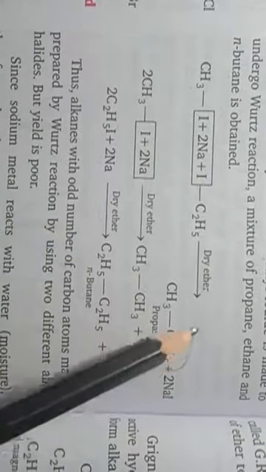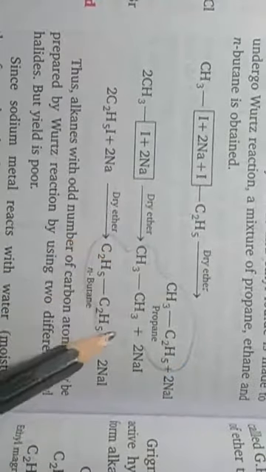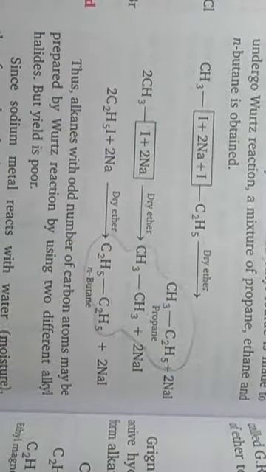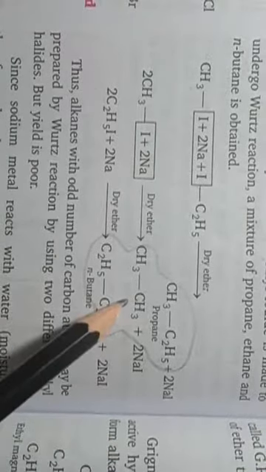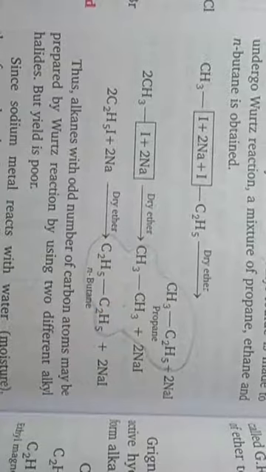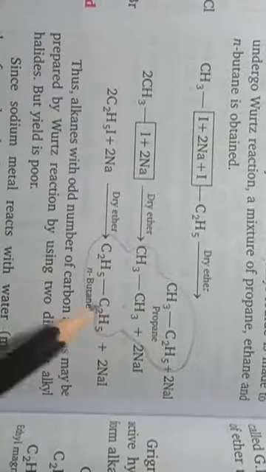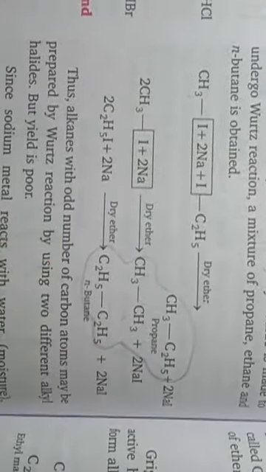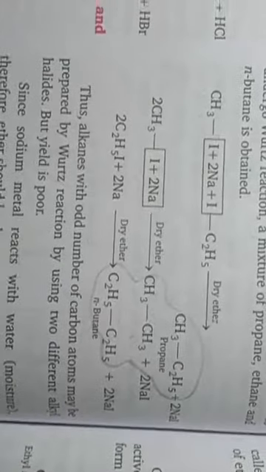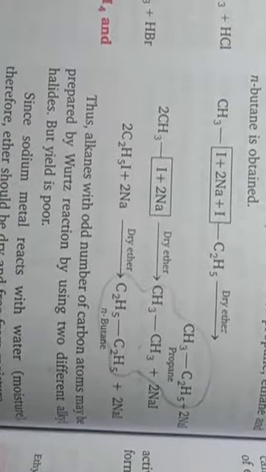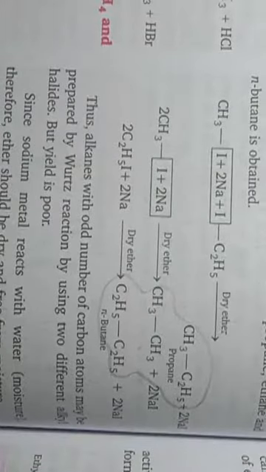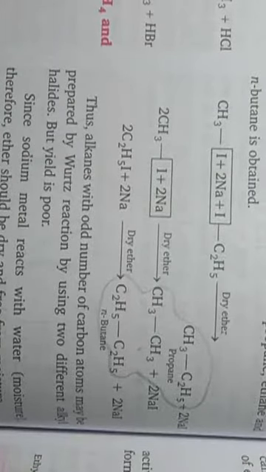This mixture of alkanes cannot be separated easily. So that is why this preparation will not be useful for us, and that is why we use Wood's reaction only for the preparation of symmetrical alkanes. Okay students, thank you.